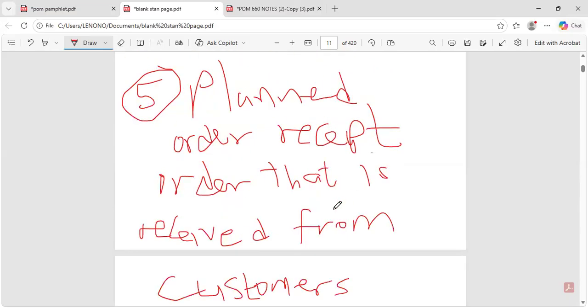That's your planned order receipt, an order that is received from customers.